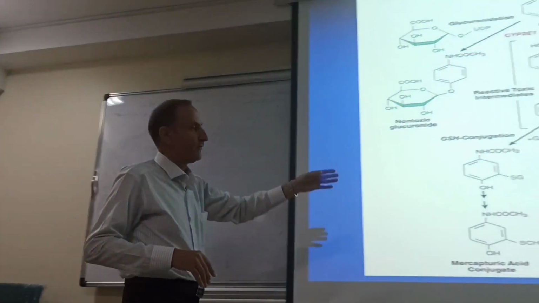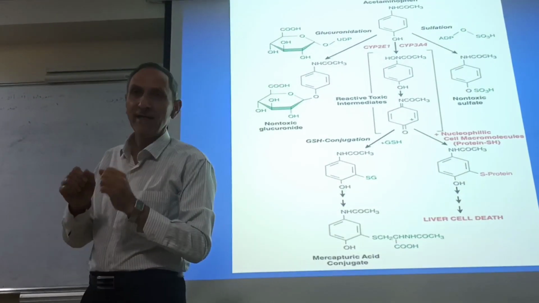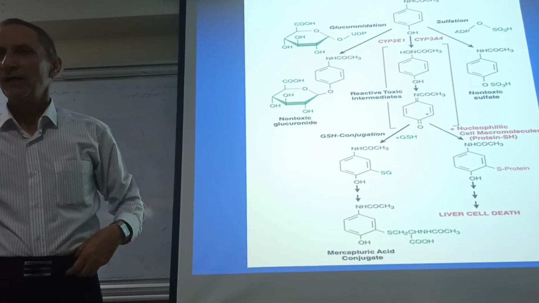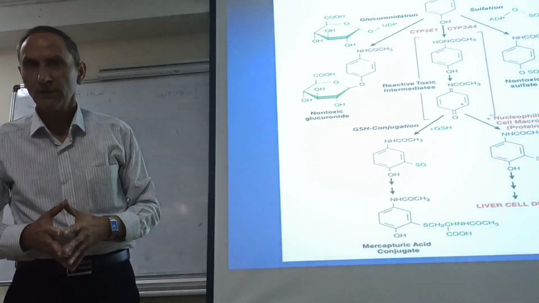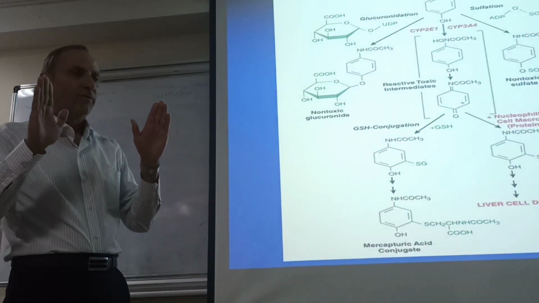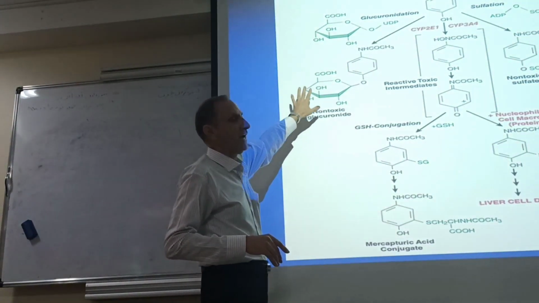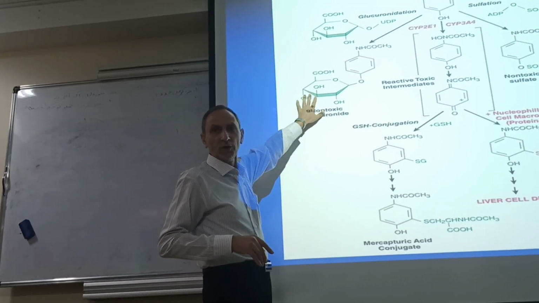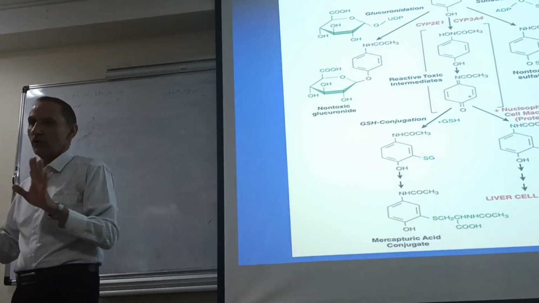So we have accumulation of this toxic molecule and injury to liver cells. So we have hepatotoxicity. When we have therapeutic doses, we only have glucuronide and sulfate metabolites, which are non-toxic.